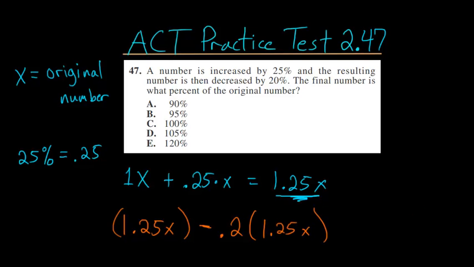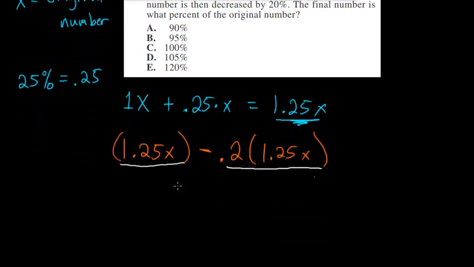And from here, it might be easiest to see that between these two terms, so this term here and this term here, they each share the common factor of this 1.25x. So let's factor it out. So we have 1.25x, which we've factored out, and once we pull it out of here, we'd be left with just 1.